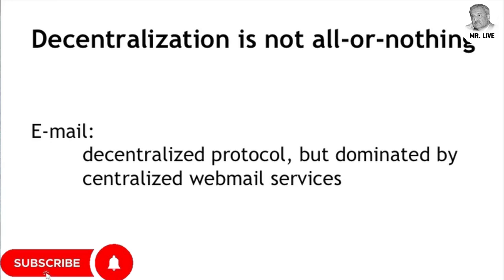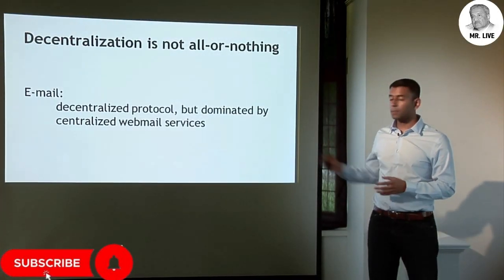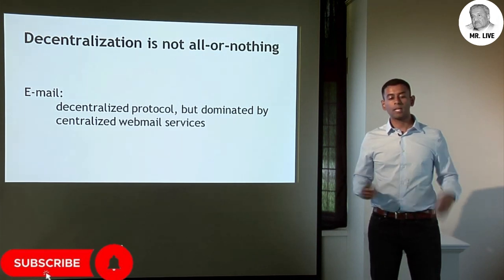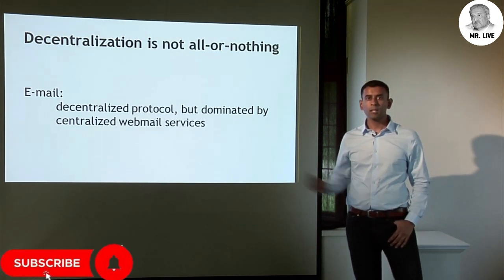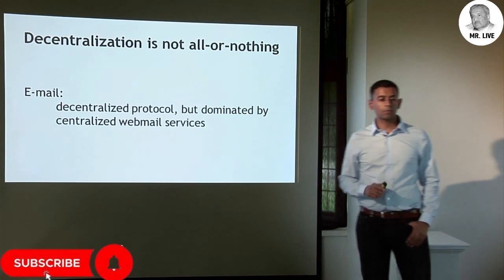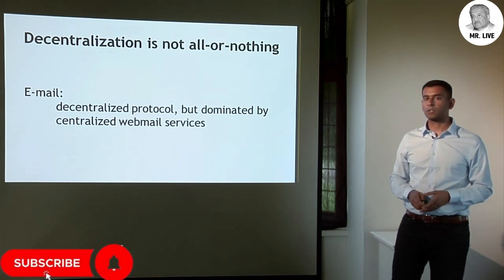And a good example of this is email, which is a decentralized system fundamentally, I would say. It's based on a standards-based protocol, SMTP. But what has happened, especially in the last decade or so, is that we see a dominance of a few different webmail providers, which are sort of centralized service providers, and this might be a good model for understanding what might be happening to Bitcoin.